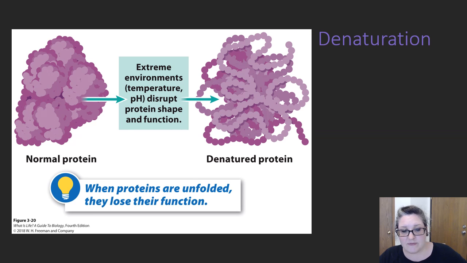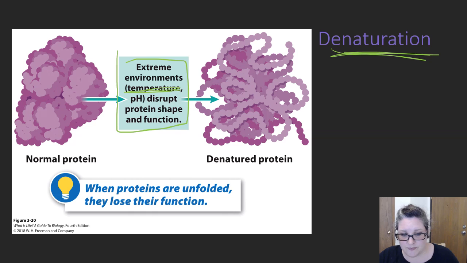Now, like I said, if a protein loses its shape, then it doesn't work anymore. And that is a process called denaturation. And it happens from extreme environments. So for example, temperature, like if you heat something up, or pH disruption.